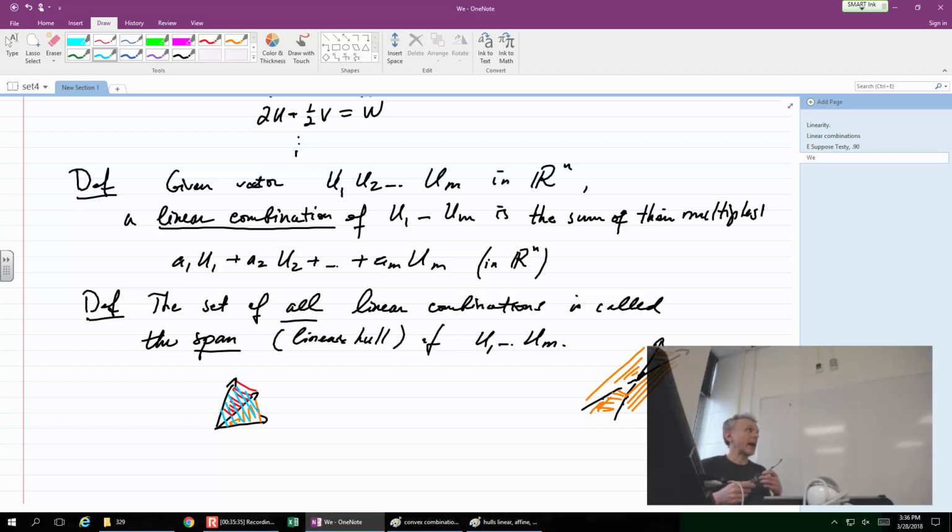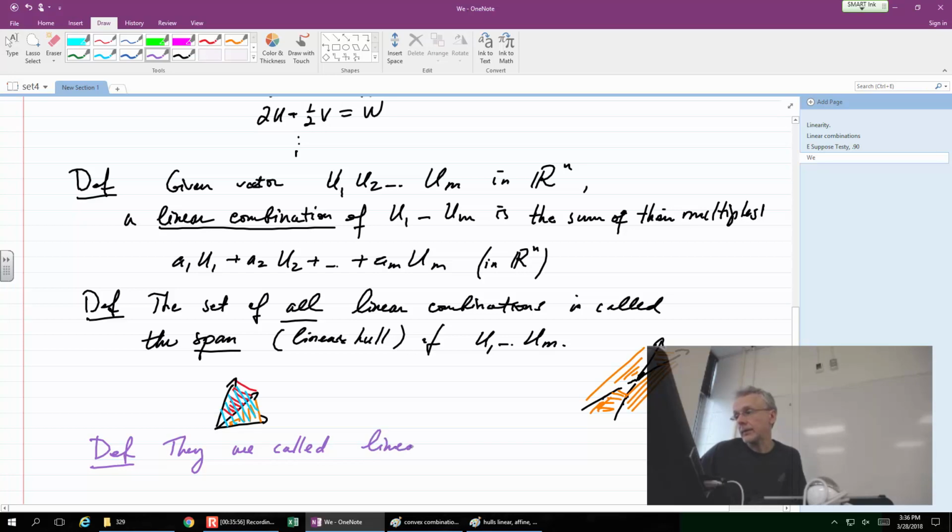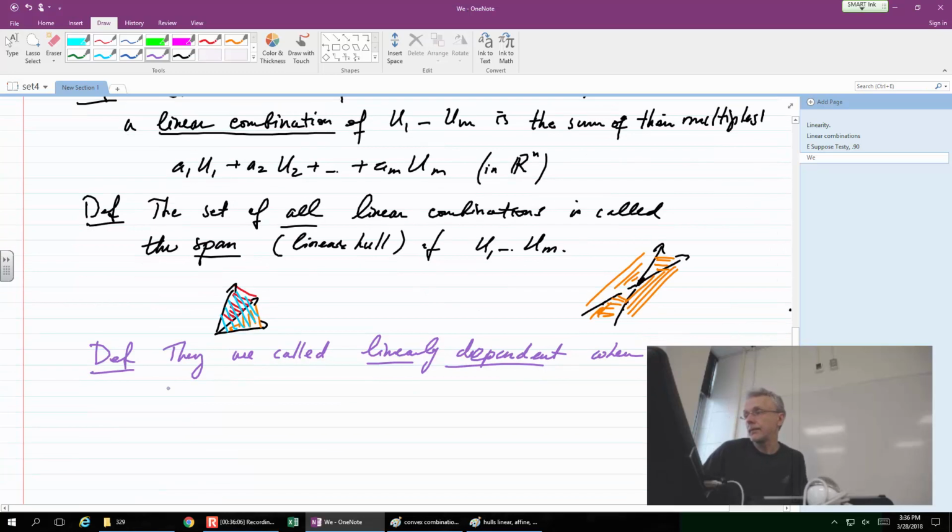The only thing that can prevent this from happening is a dependence between the vectors. That's one more definition. Those vectors are called linearly dependent when one of them is a linear combination of the rest.